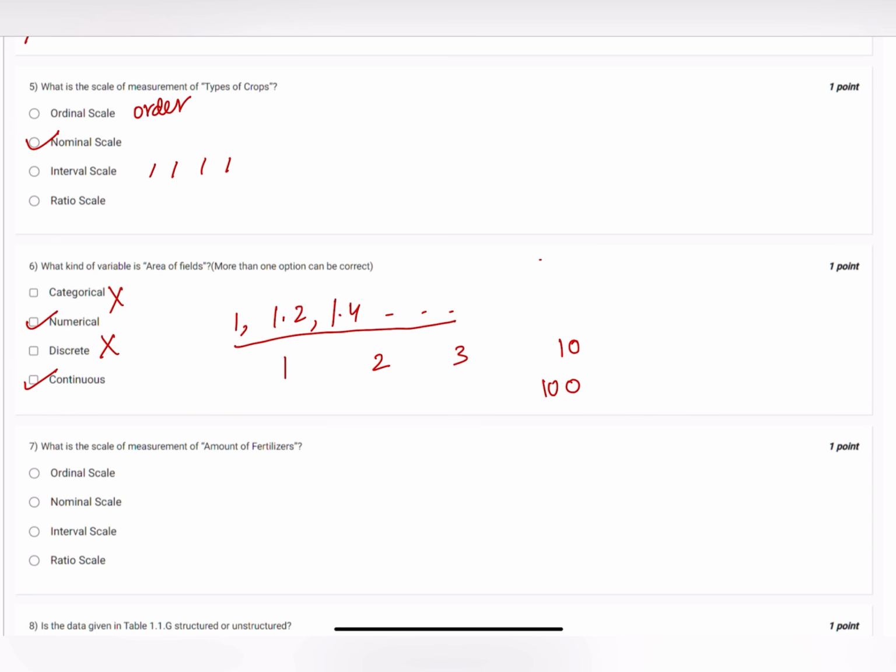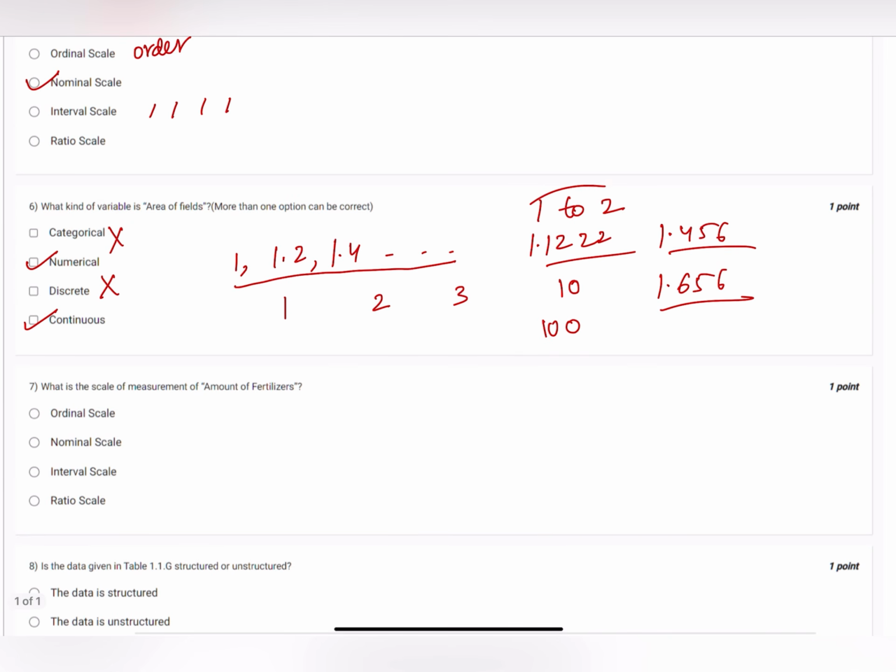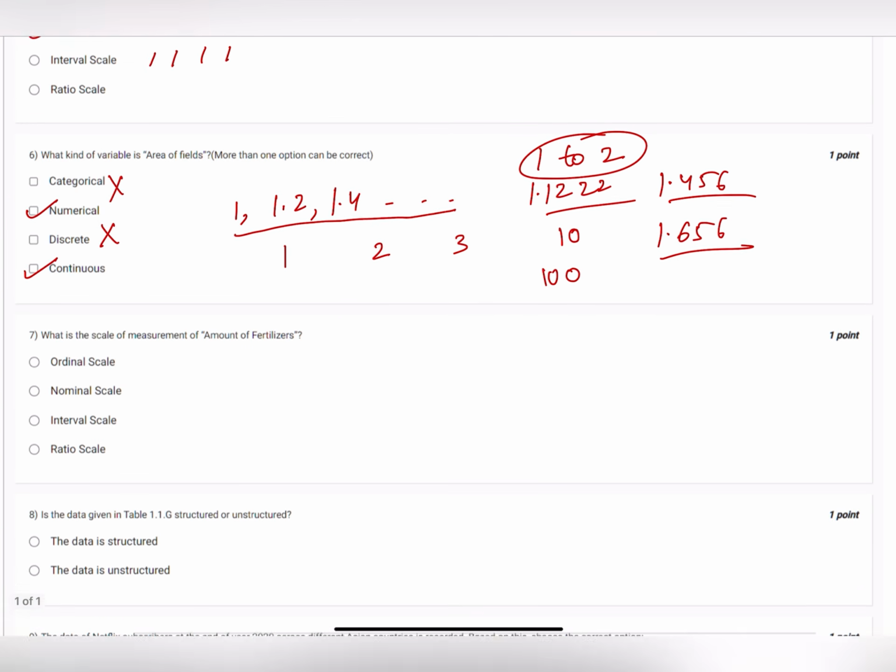So if I talk about 1 to 2, there can be n number of values for a area of field. It can be 1.1222, 1.456, 1.656. So there can be pretty much infinity number of numbers between 1 and 2. So this would be a continuous type of variable, and other one would be numerical.